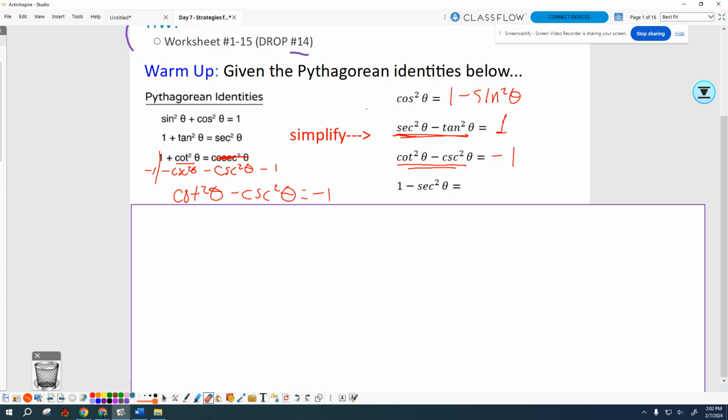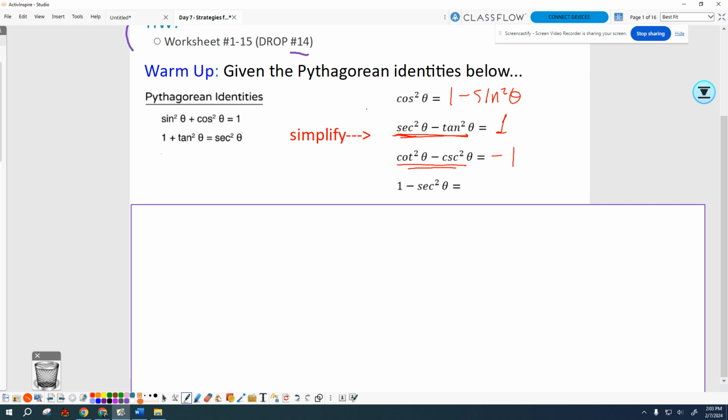Last one, do I use the top, middle, or the bottom? Middle, okay. Penny, using the middle, what do I do to figure out what 1 minus secant squared equals? Would you do minus 1 to get the 1 on the other side?